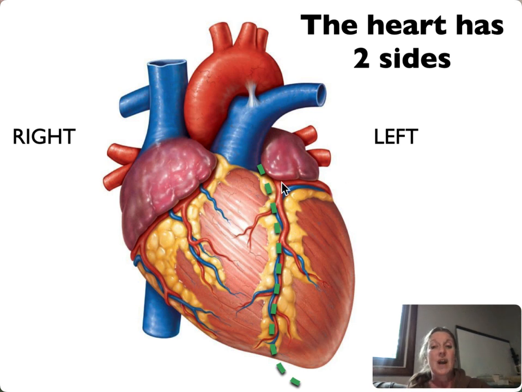The line that divides the two halves from one another is actually not a straight line and doesn't end right at the apex of the heart. In fact, from the outside, it follows these vessels called the coronary arteries and veins. If we were to look at the inside, we would see that this is the separation between the right ventricle, which we'll talk about in a moment, and the left ventricle.